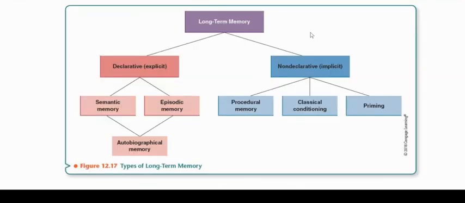Just know about it. Before I carry on, I want to show another diagram from a biopsychology or cognitive psychology textbook. This is the conventional tree diagram. When you look at non-declarative, implicit long-term memory, we're talking about procedural memory, and of course classical conditioning, priming, and operant conditioning.